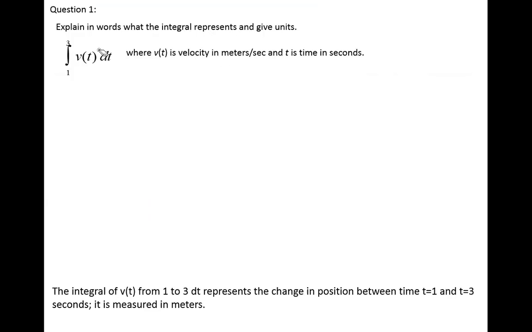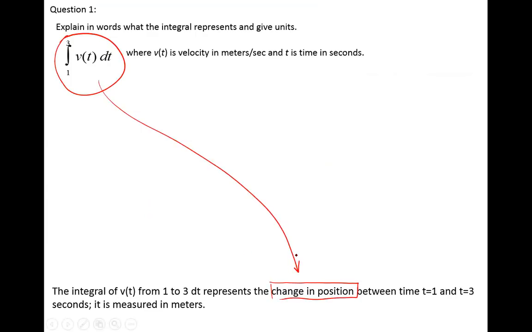If this is the velocity, that's what we started with, what does this integral represent? We remember the total distance traveled between 1 and 3. That means, oh, the change in the position, of course. Yeah, the change in the position. That's the whole integral between 1 and 3.